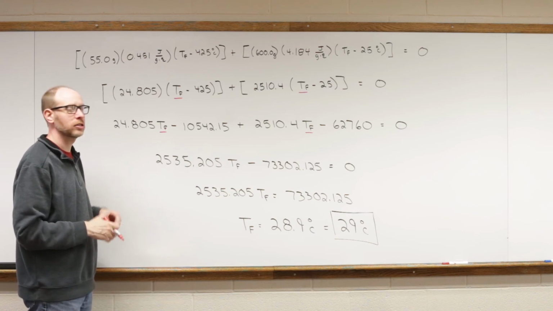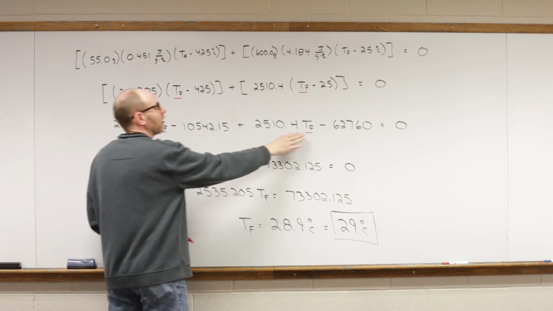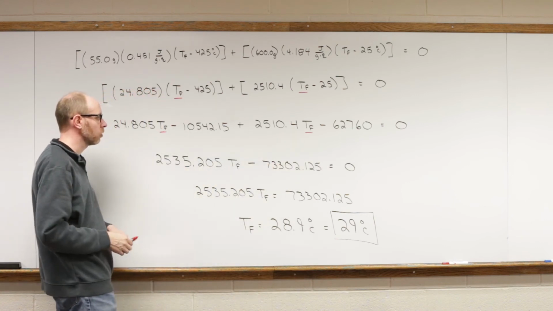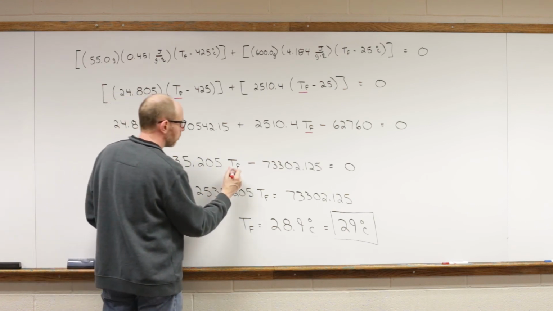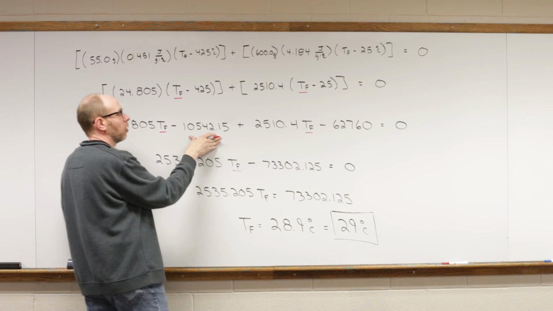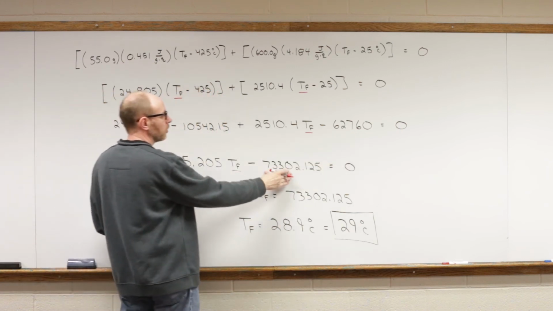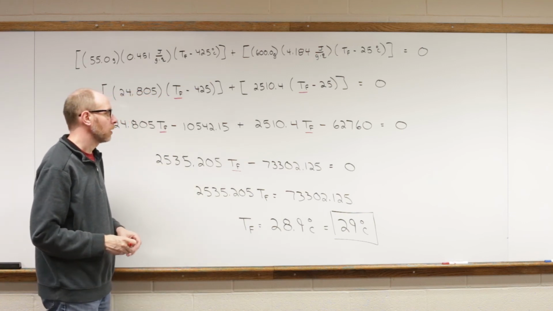I'm going to collect all of my terms that have variables. As long as the variables are the same, I can add them together, and I do that. So I get 2,535.205 times temperature final. Collected all those temperatures together. I can also collect all of my numbers together, things that don't have any variables. And I do that to get minus 73,302. All right.